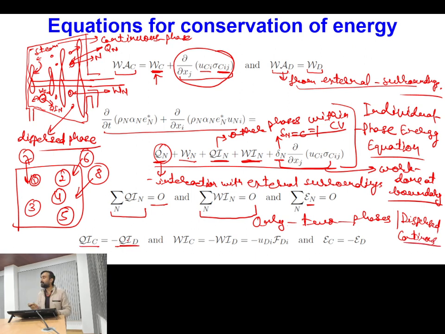QIC has to be minus QID. Simple thing. If only two phases are present, say all of you are the continuous phase and I am a dispersed phase, then whatever energy I am giving to you is a loss on me and a gain on you of the same magnitude. So that's why one is positive, one is negative. So this is very simple.